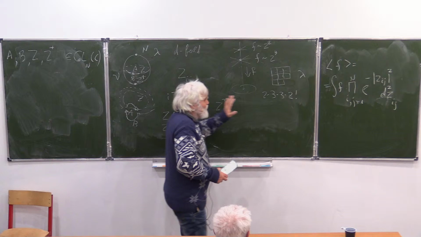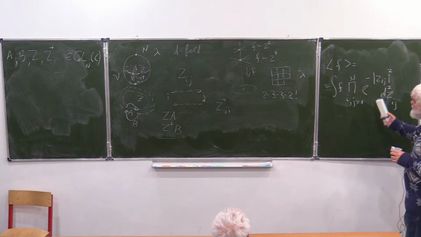So we have this space of matrices, and we have a measure. And if we want to calculate the expectation of any function of entries, we just apply this formula, with some normalization constant. One normalization constant is when f is unity.